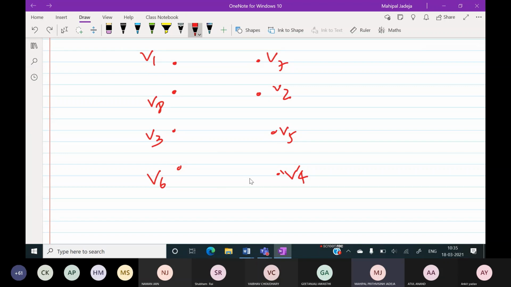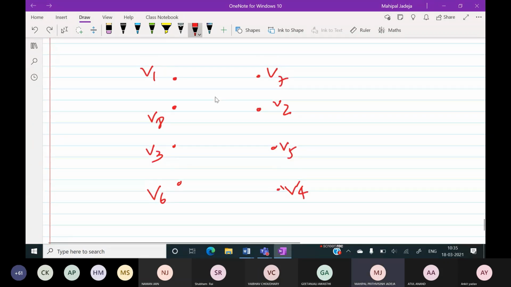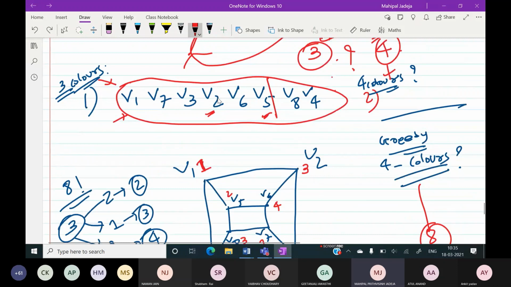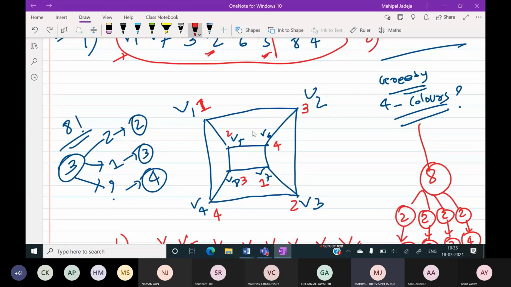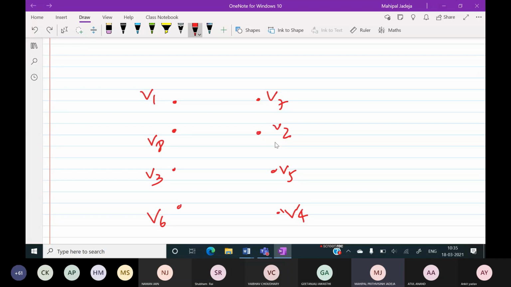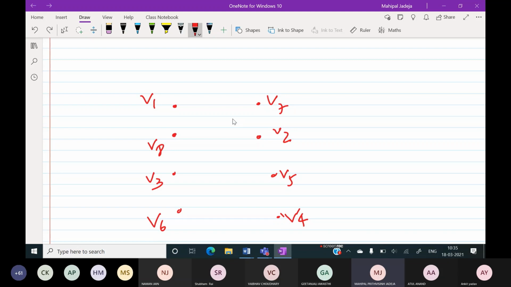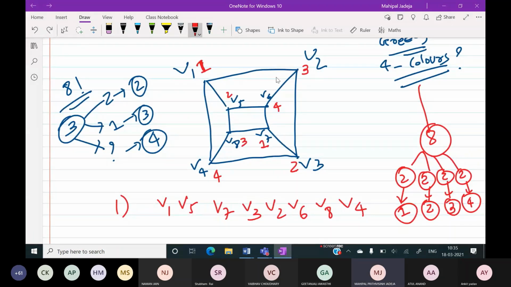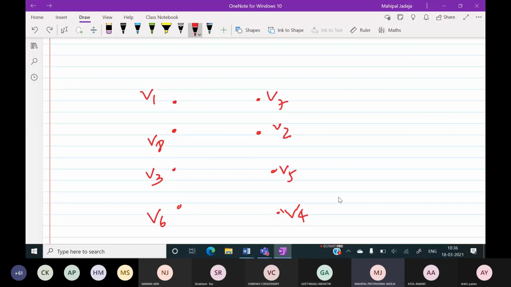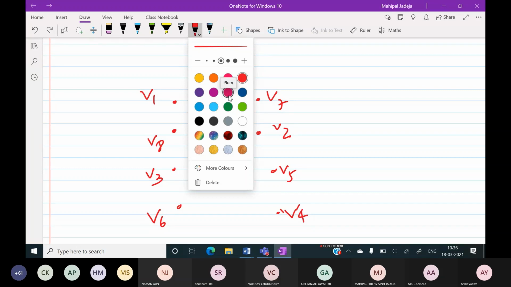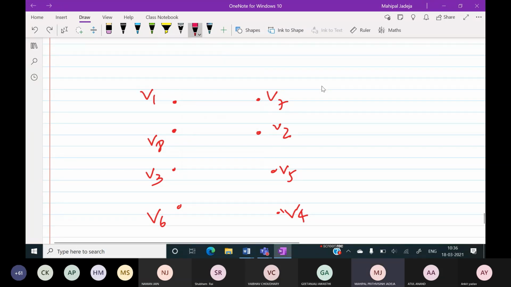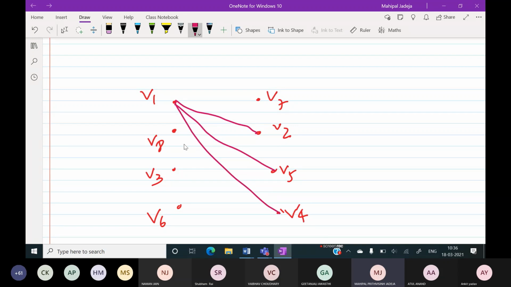Apart from that, each vertex has degree 3, right? You can notice the degree of each vertex is 3. And neighbors are in the second partition. You can notice neighbors of V1 are nothing but V2, V5 and V4, and they are in the second partition. So if I draw this graph completely, let me draw it and then we will analyze. I'm skipping the horizontal edge V1, V7, but I'm having all other edges connecting V1 to the second vertices.